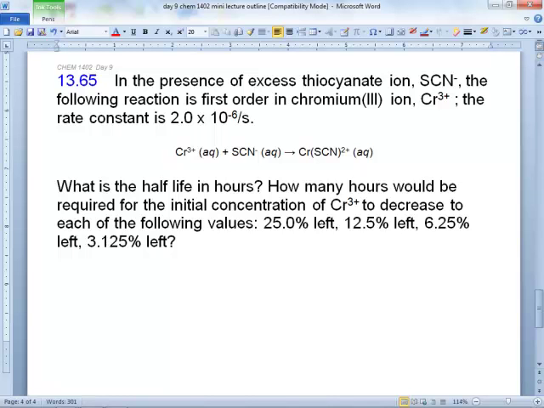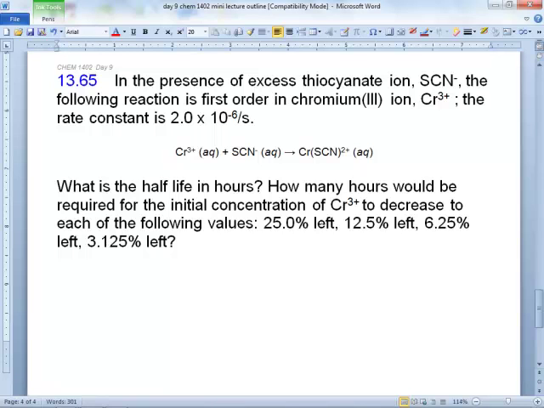Because it's first order, it has to be one of these two. We're looking for half-life in hours. Yep. Except when you do half-life, you're going to find it in what units? You could look at your K. Seconds. So you just have to convert to hours. Go ahead and get your half-life, and then it'll be in seconds, and then convert it to hours. Do you see how to do the first part?